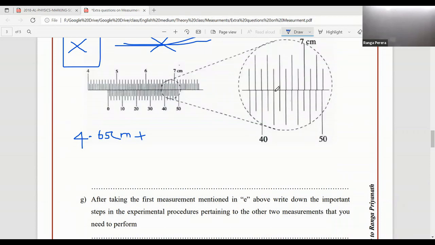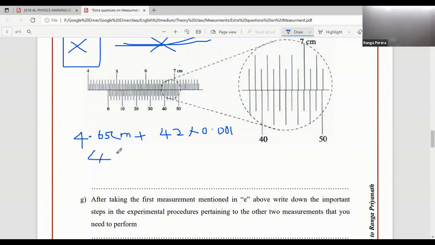Here, number 42 coincides, multiplied by the least count 0.01.